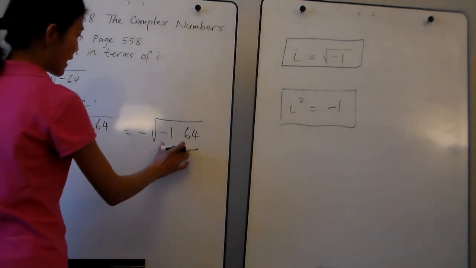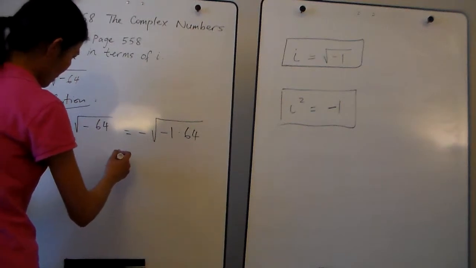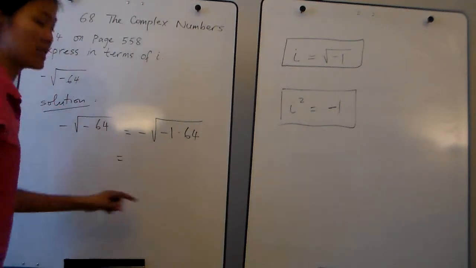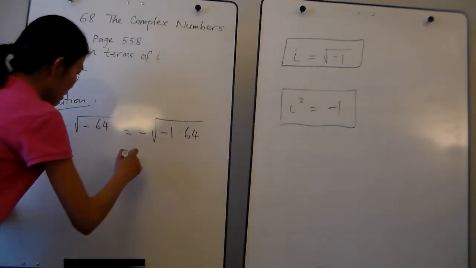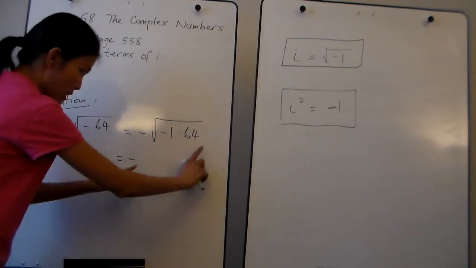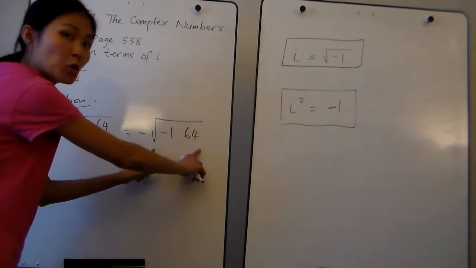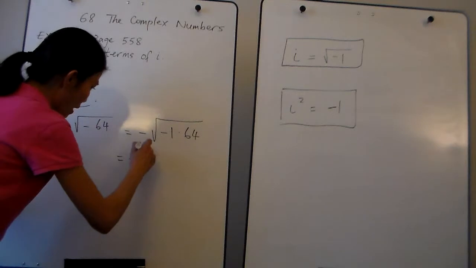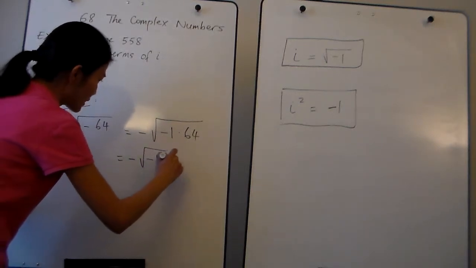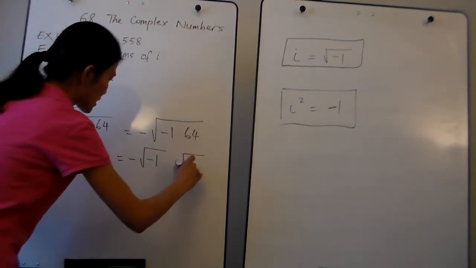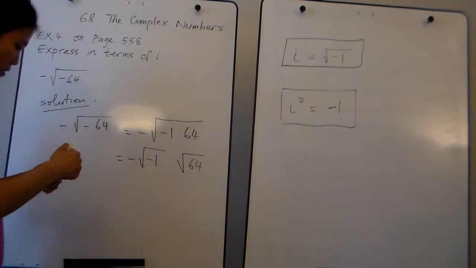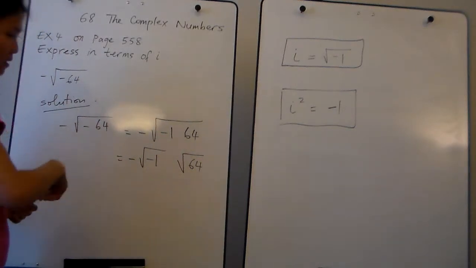And then from here, you can split this radical, using the formula we learned in the previous sections, one radical into two radicals: square root of negative 1 times square root of 64. This negative is still in front.